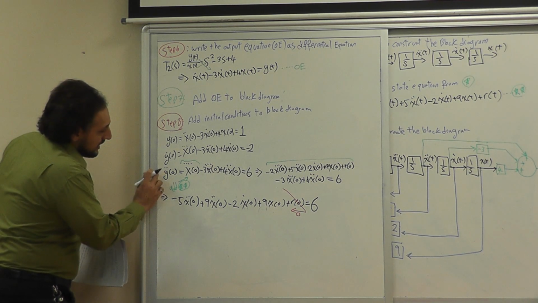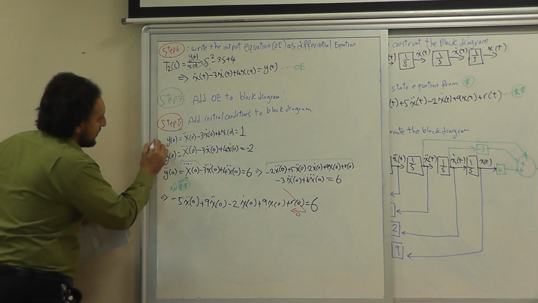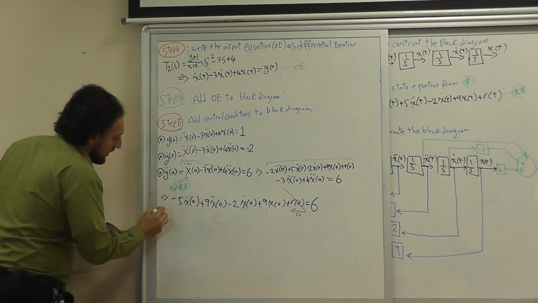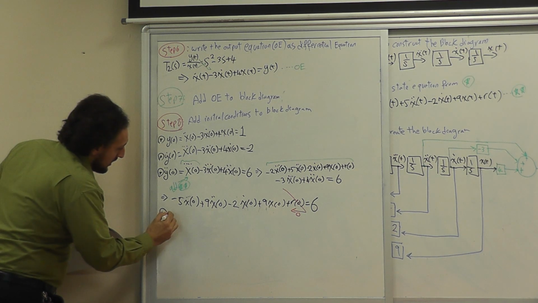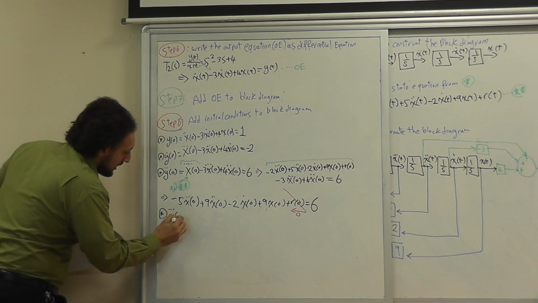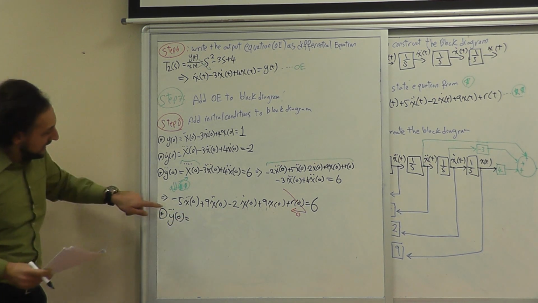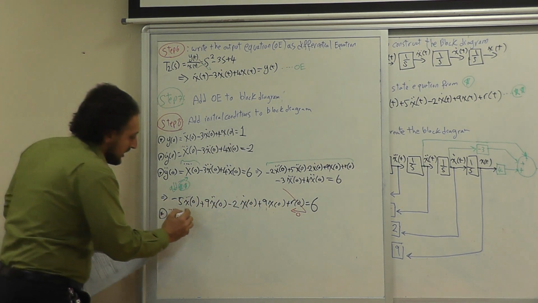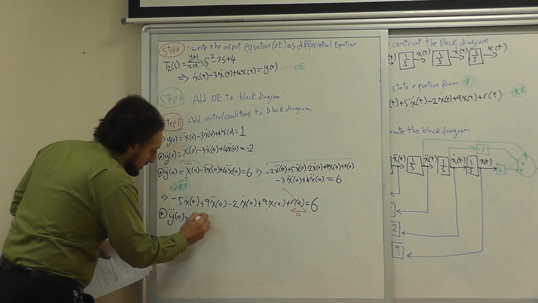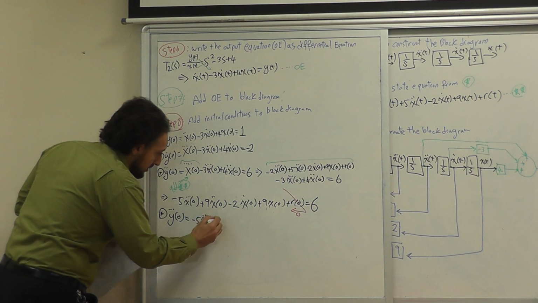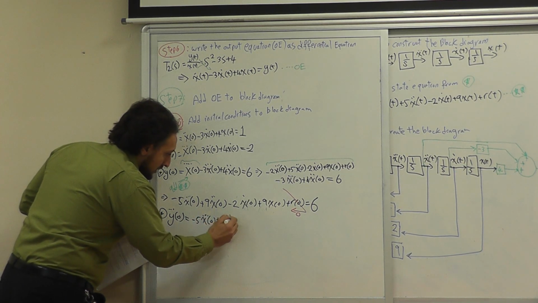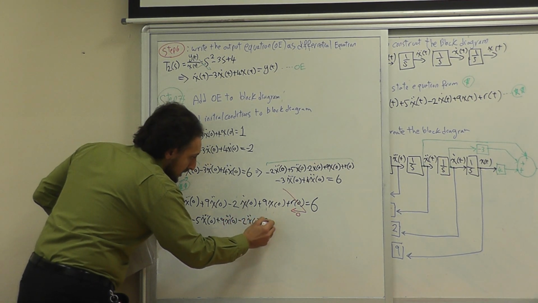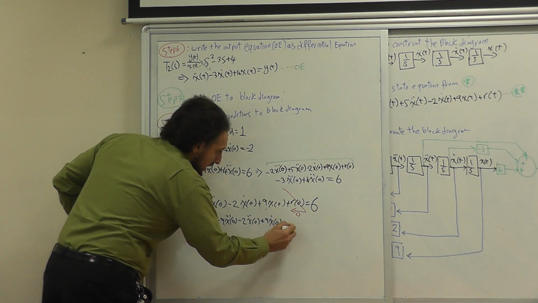This is y 2.0. Now let's go for the last one. Y 1, 2, 3, 0 equal to what? I should take the derivative of this equation. So it will be minus 5x 1, 2, 3, 4, 0 plus 9 x2 0 minus 2x dot 0 plus 9 x dot 0 equal to what?